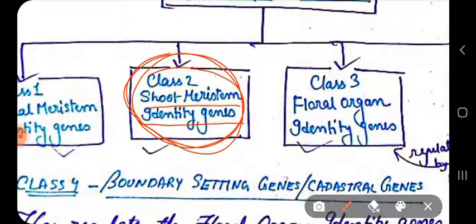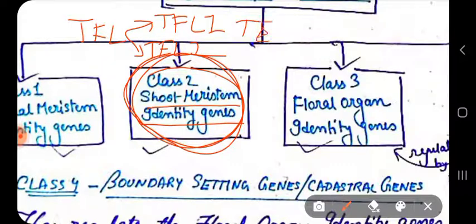An example of the gene responsible for the shoot meristem identity is TFL, one of the genes. Well, TFL is of two types, TFL1 and TFL2. What is the full form of TFL? The full form of TFL is terminal flower.